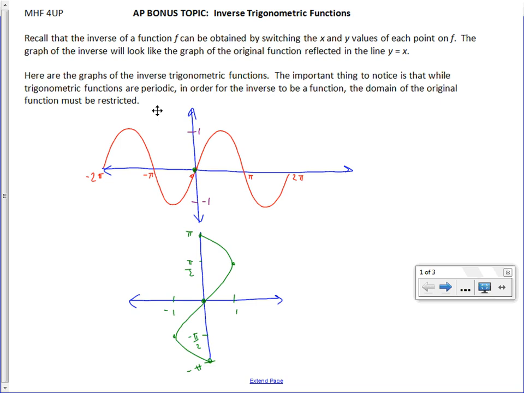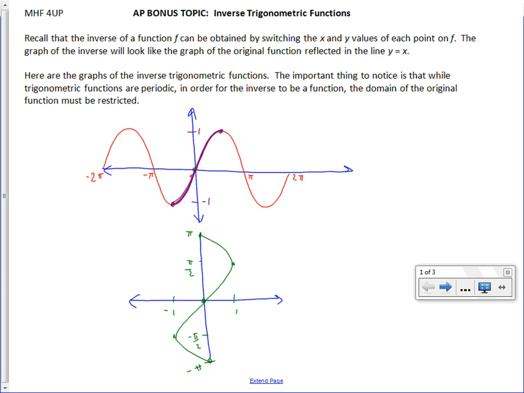We all agree that right now this is failing the horizontal line test. But if I only pick a little piece of the sine graph, the smallest piece I can pick that doesn't fail the horizontal line test, I'd have to start maybe here and stop here.